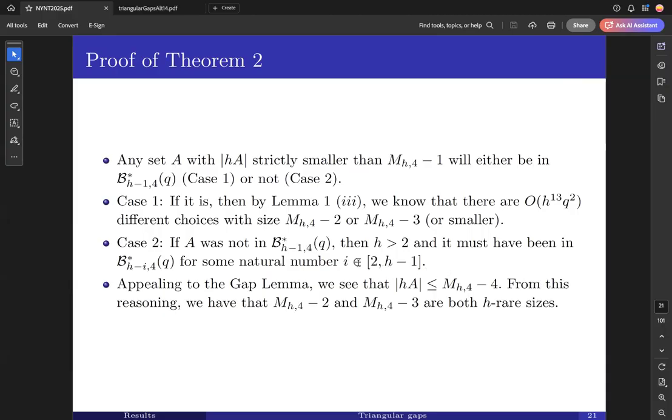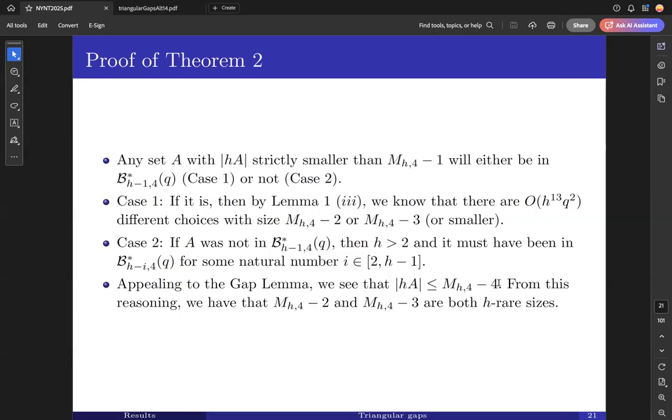So from this, any set that has size less than the maximum minus 1 is going to either be, if it's one of these critical sets, small by lemma 1 part 3. And if it's not one of these critical sets, then by the gap lemma, it's got to have size smaller than max minus 4.